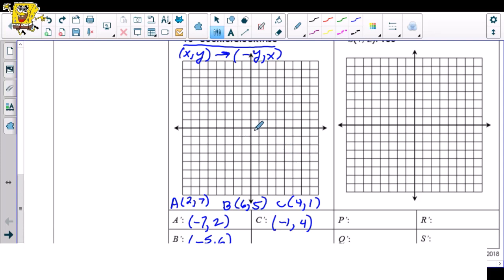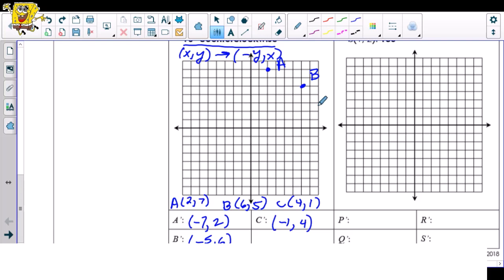So our pre-image: A is at 2, 7. B is at 6, 2, and there is B right there.